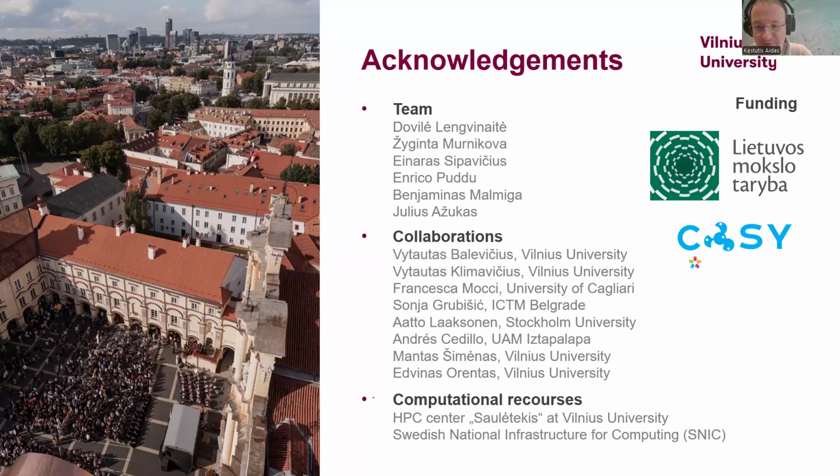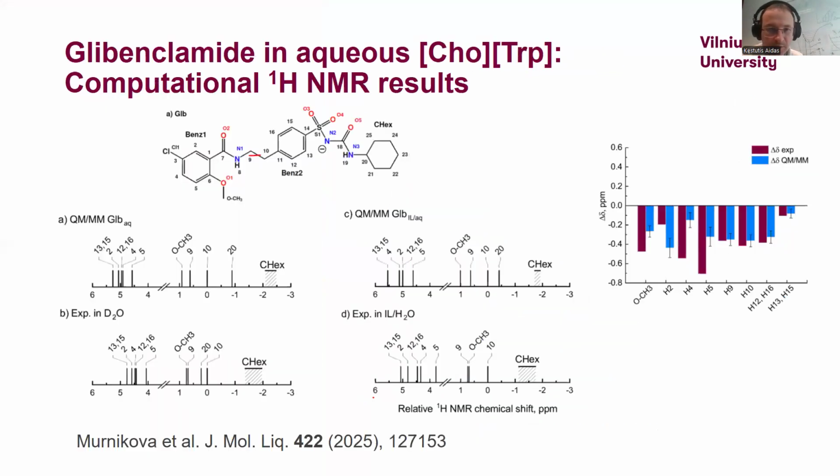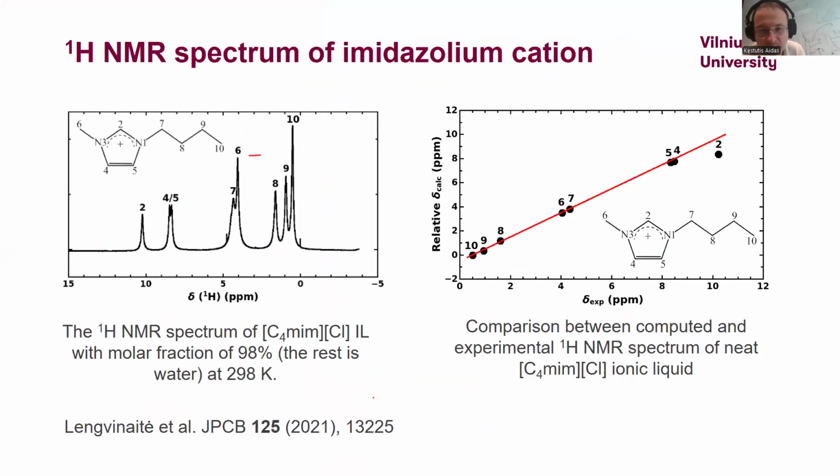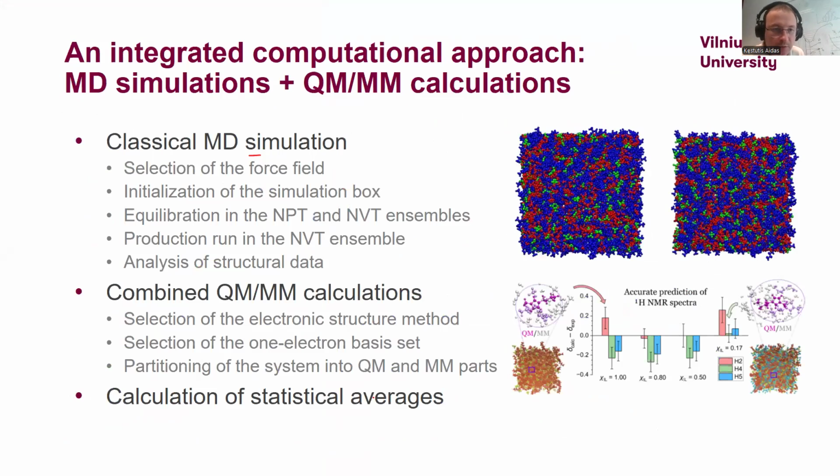Thank you very much. Yes, your questions are exactly to the point. Selecting the electronic structure approach is a crucial thing in these QM/MM calculations, as in any type of quantum chemical calculation.